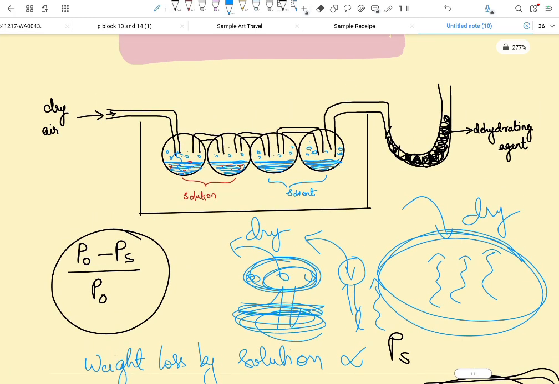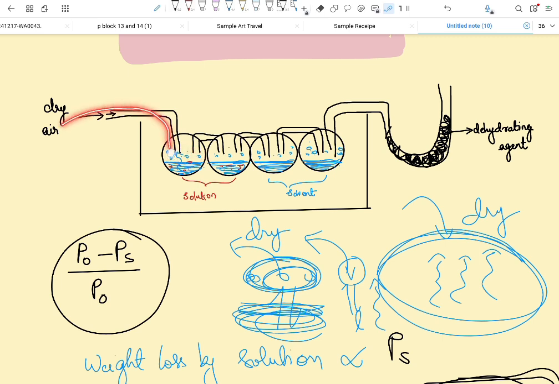Here in this case, there will be fewer vapors formed if the vapor pressure of the solution is already less. So if more lowering in vapor pressure is there, only a small amount of vapor will be formed here.